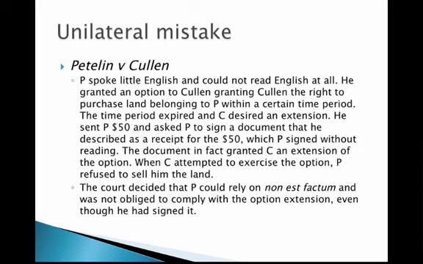The second thing that we see occurring is that Peddlin was fundamentally misunderstanding the nature of the document that he was signing. He thought it was a receipt when it was actually an option. So we have those two conditions: not being able to read, being induced by the other party, and not knowing what they were actually signing.